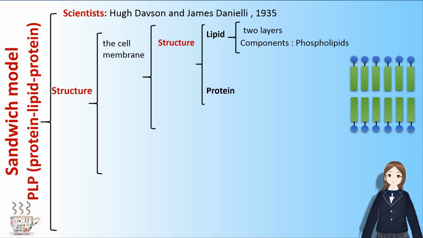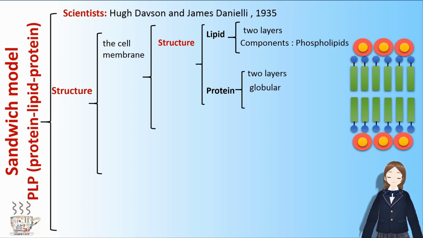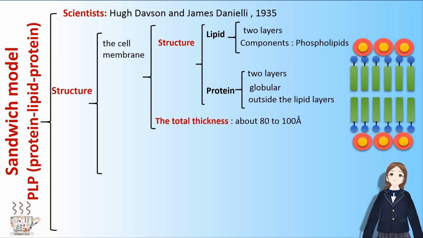The cell membrane contains protein too, that is 2 layers, globular, and stay on outside the cell layers. The total thickness of this layer is about 80 to 100 angstrom.